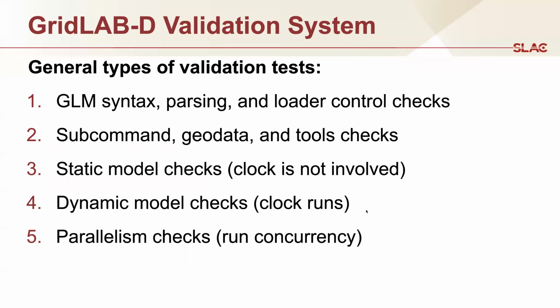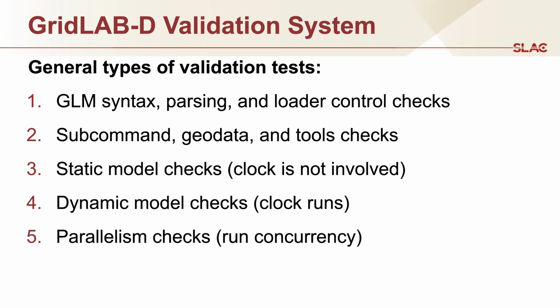The final kind of test is a parallelism test. We don't do a lot of those tests directly in Gridlab-D, but if you do your validation tests, particularly a comprehensive validation test of Gridlab-D, you might notice that it takes a long time. So one of the things that most of us do is run those tests in parallel. And of course, that gives us the parallelism check as well.